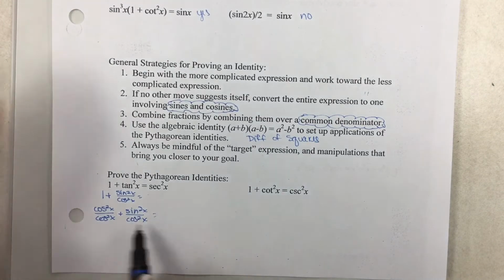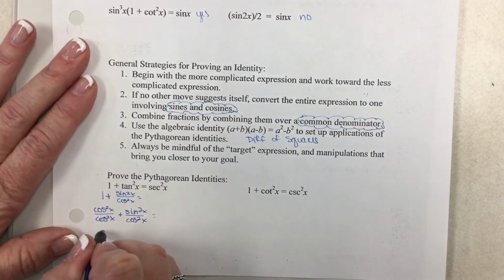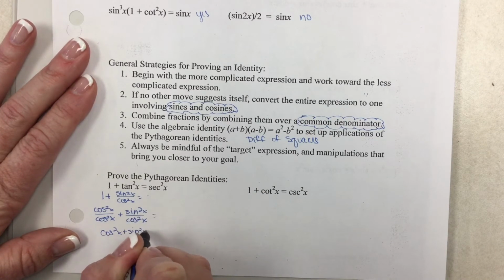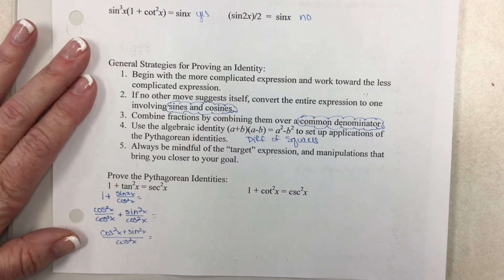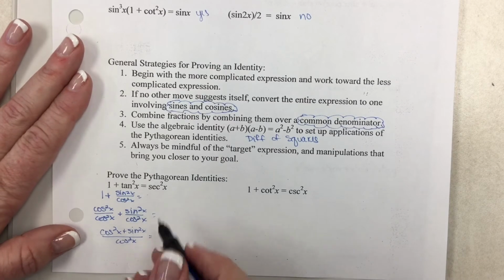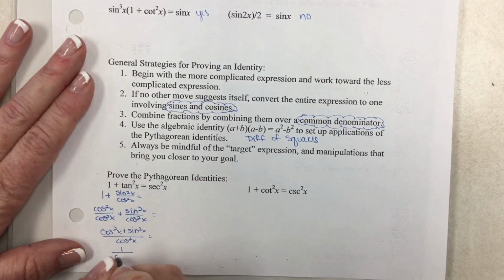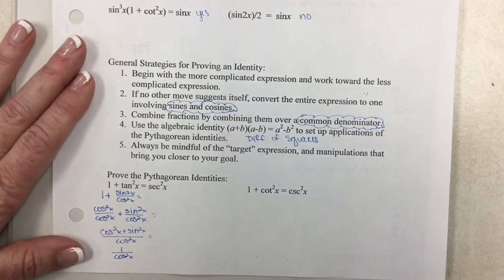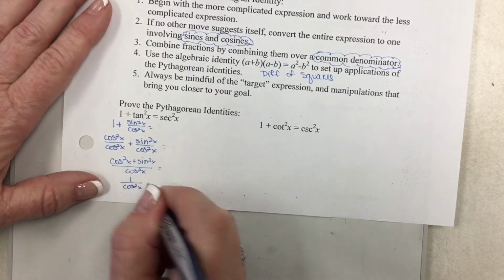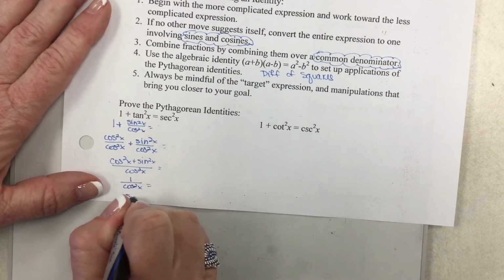Okay, so now that I have a common denominator, I have cosine squared x plus sine squared x on the numerator all over that common denominator of cosine squared x. And what is cosine squared x plus sine squared x? 1 over cosine squared x. And what is 1 over cosine squared x?